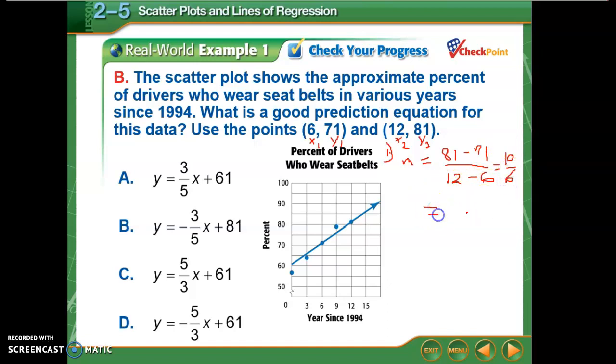So approximately that's 10 over 6 divided by 2, each of that top and bottom number. So you have 5 over 3. Okay? Alright, so you can already see that your slope is positive. So which of this has slope of positive 5 over 3? So it's going to be this.